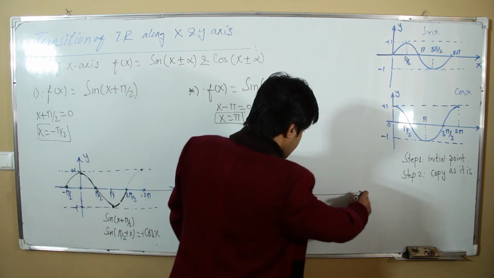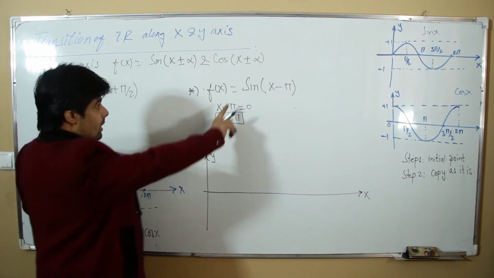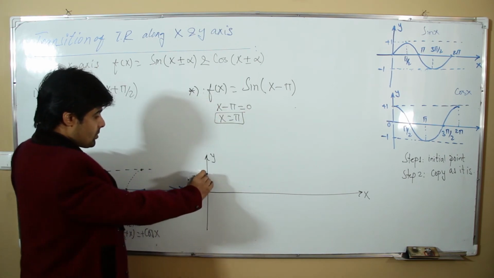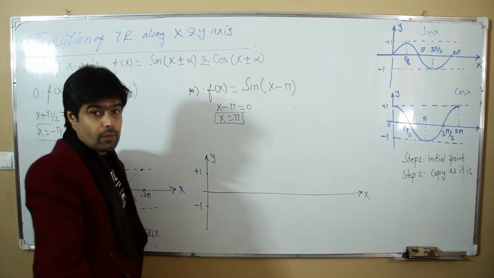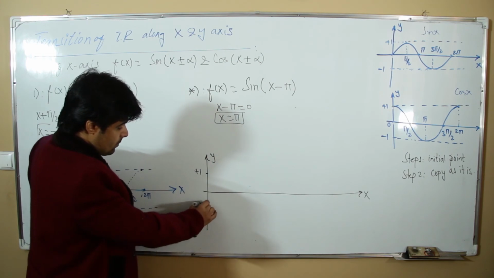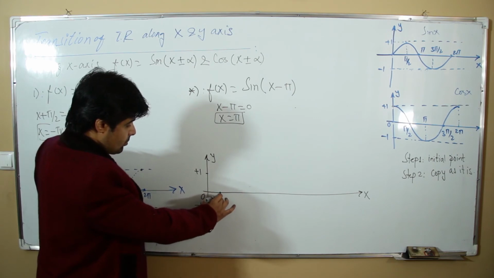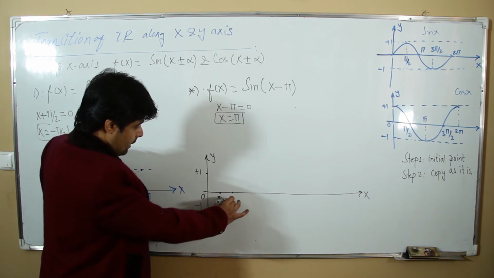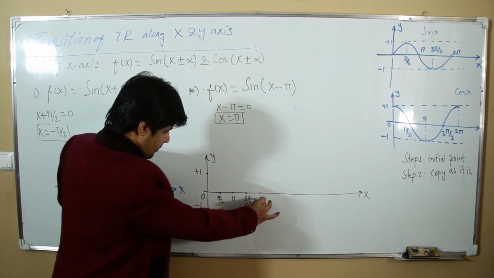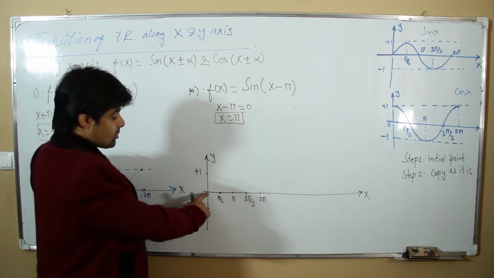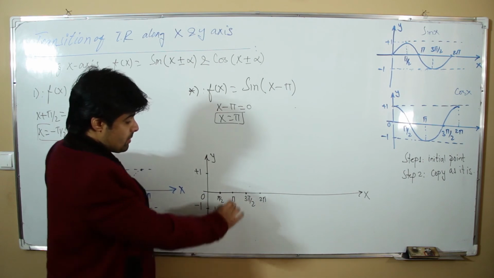We have our x-axis, we have our y-axis, the amplitude is +1, -1. Now 0, we have pi by 2, we have pi, 3 pi by 2, we have 2 pi. Our sine starts from 0, but this graph should start from pi. It means from here.